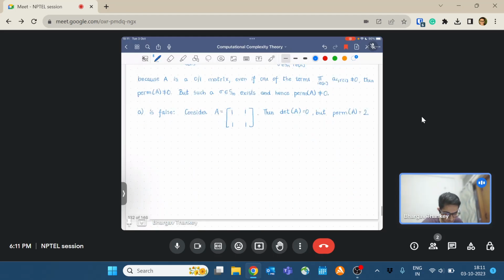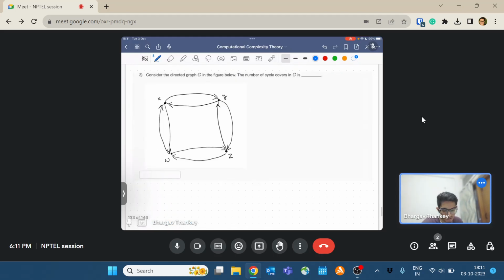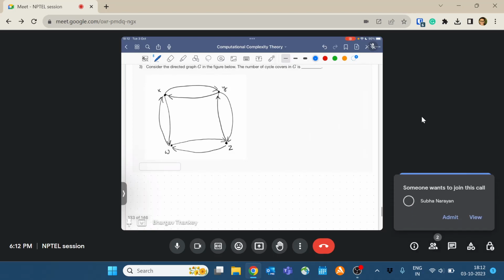So let's look at the next problem. Consider the directed graph G in the figure below. The number of cycle covers in G is dash.